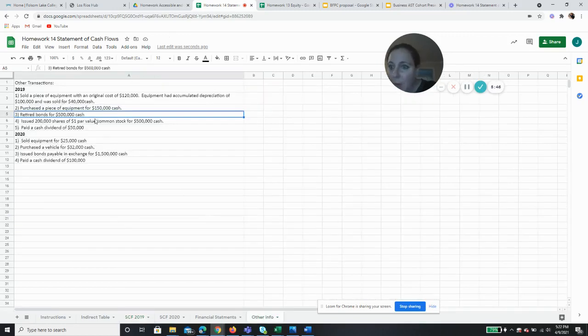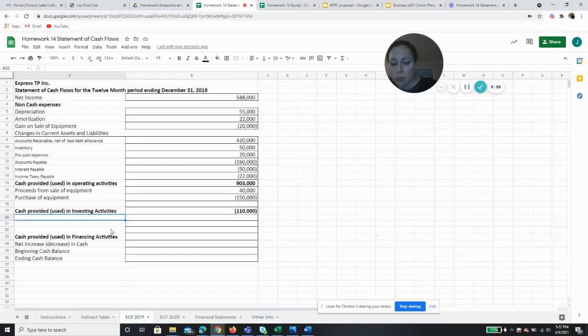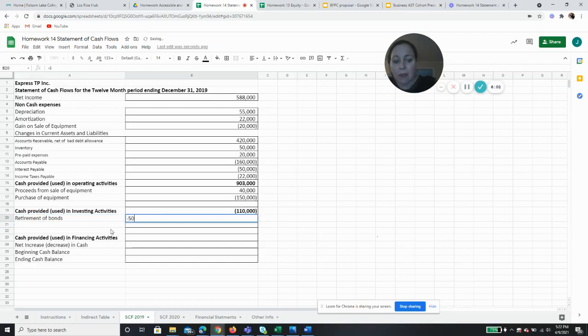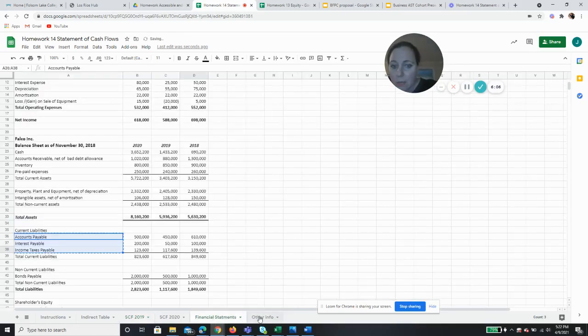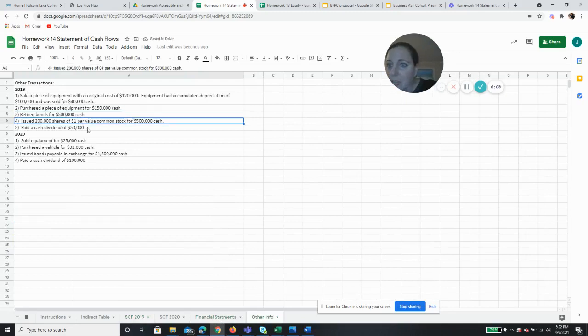Then we retired bonds for 50,000 cash. That means we paid them off. Remember when we retire bonds, we debit bonds payable, credit cash. So that's going to be retirement of bonds, and that's going to be negative 500,000 paid cash. Then we issued 200 shares of $1 par value common stock for 500,000 cash.